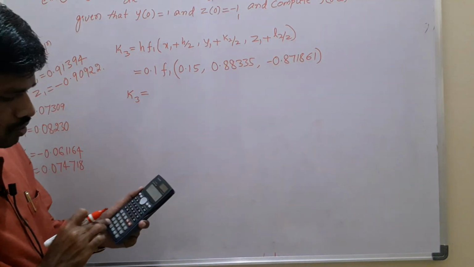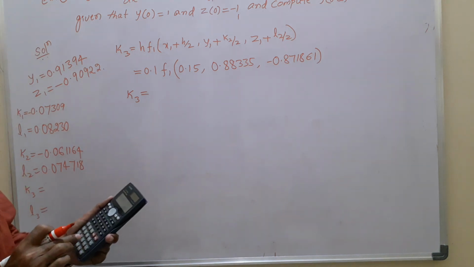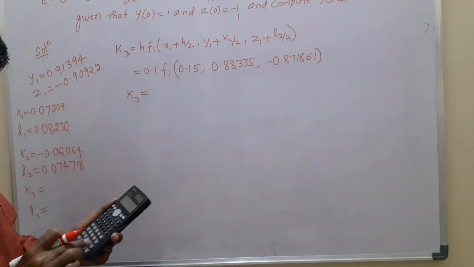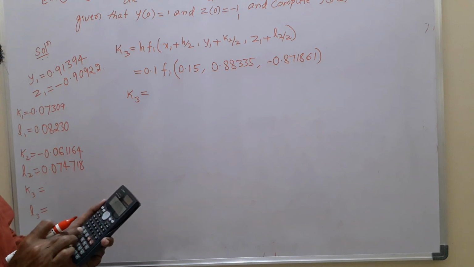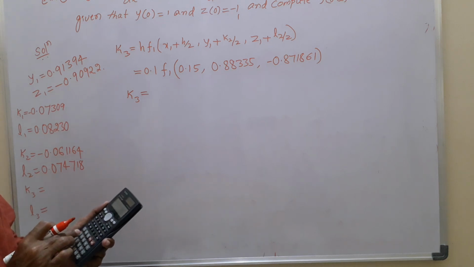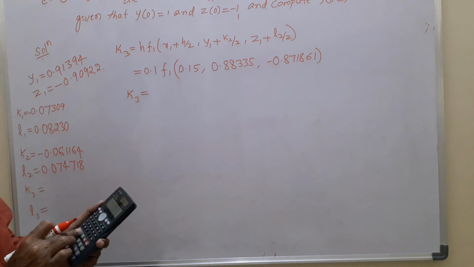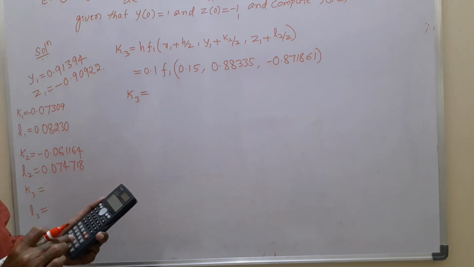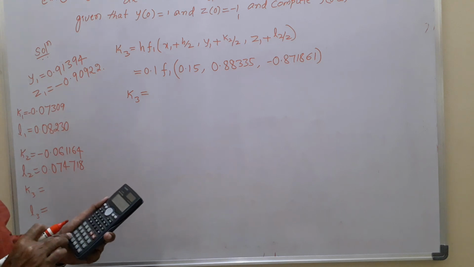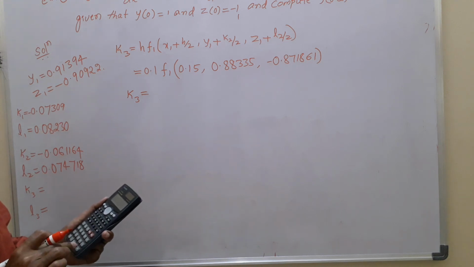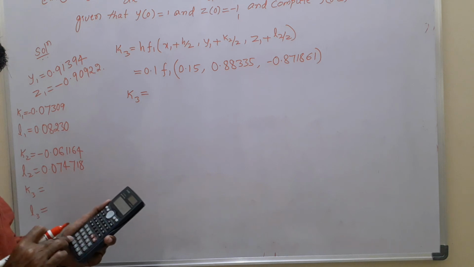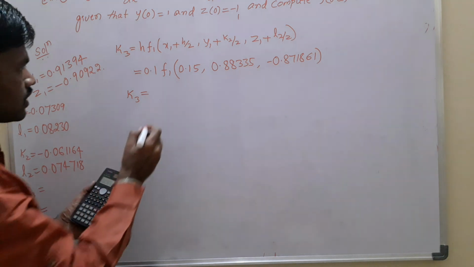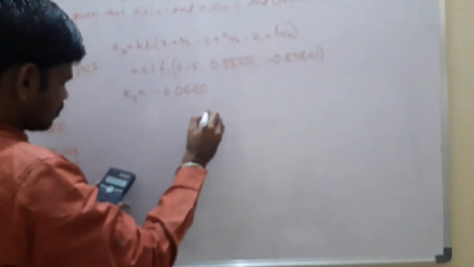So that is 0.88335 into minus 0.871861 plus 0.15 into 0.1, we get minus 0.062015.